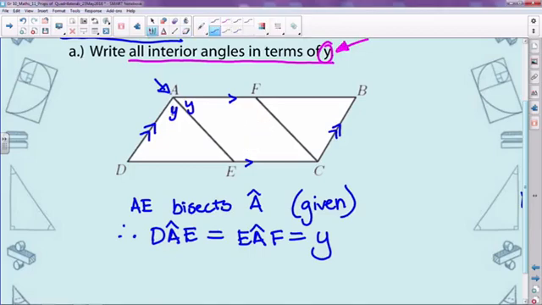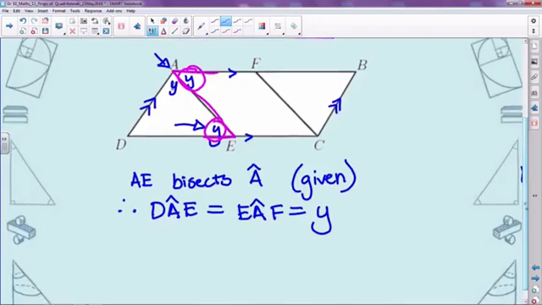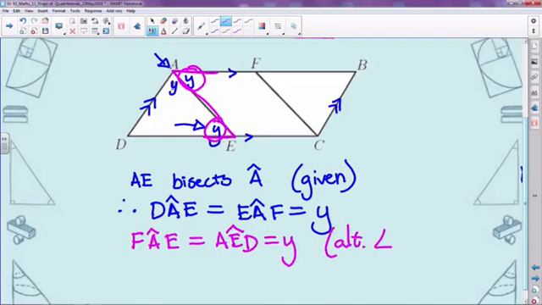Sorry, I'm going to do this one over here, because this one is an alternate angle to that. And what shape does alternate angles take? Takes a Z. So let's write it in pink, that FAE is the same size as AED, which is y. Why? Because they are alternate angles.